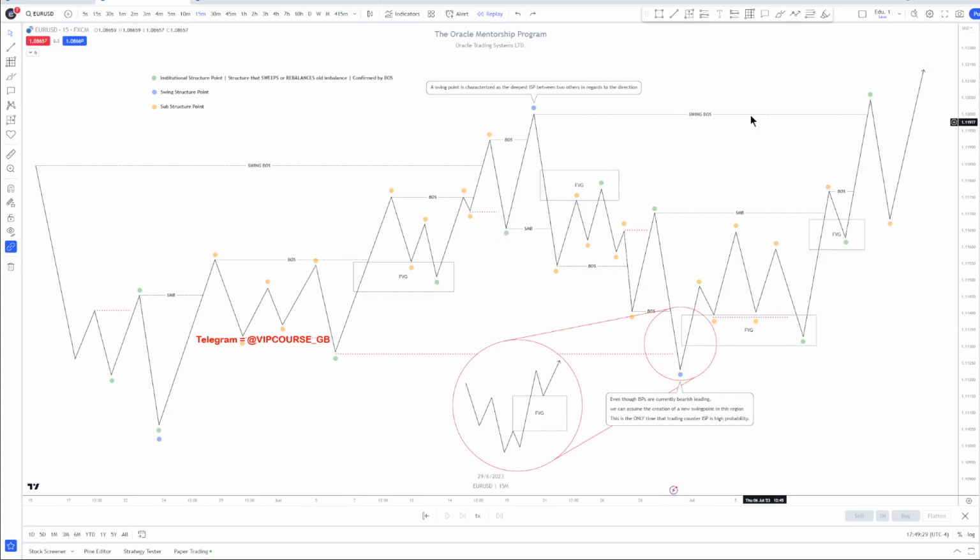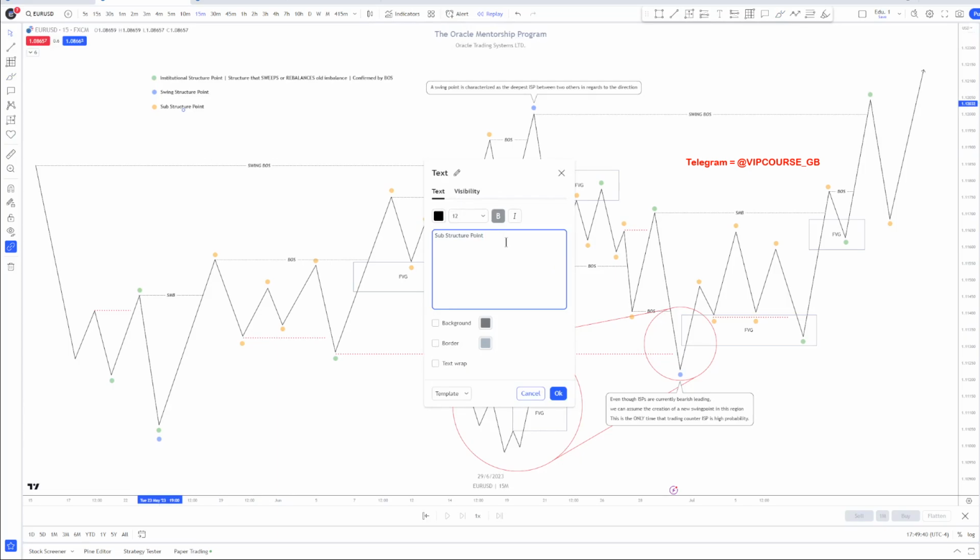The next form of structure is substructure. Substructure is any structure that does not sweep liquidity and does not break structure.